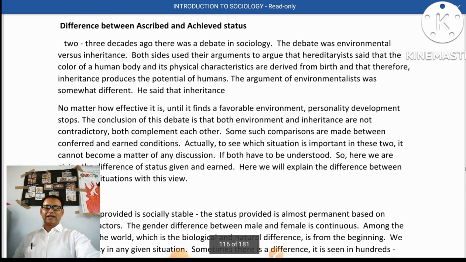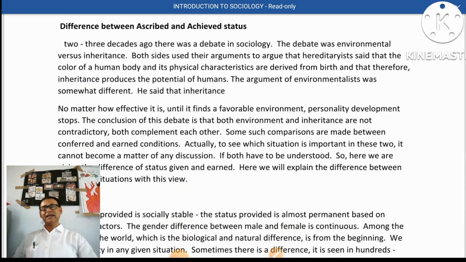Difference between ascribed and achieved status: as we told earlier, ascribed status is given by society, by birth. It depends upon the family, upon the ascribed things. It is not by effort.